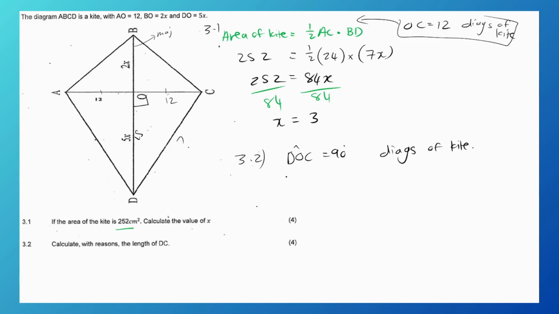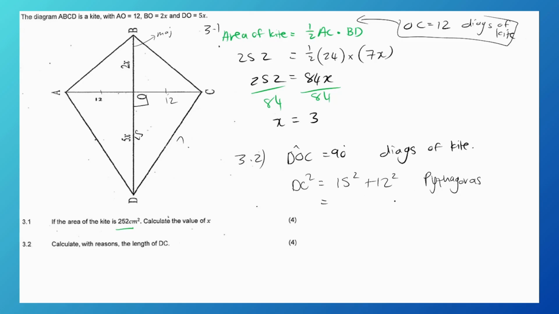So Pythagoras says the hypotenuse squared, which in this case is DC. We know DC is the hypotenuse because it's opposite the 90-degree angle. So DC squared is equal to 15 squared plus 12 squared. And we write down Pythagoras, and you do your best to spell it correctly.